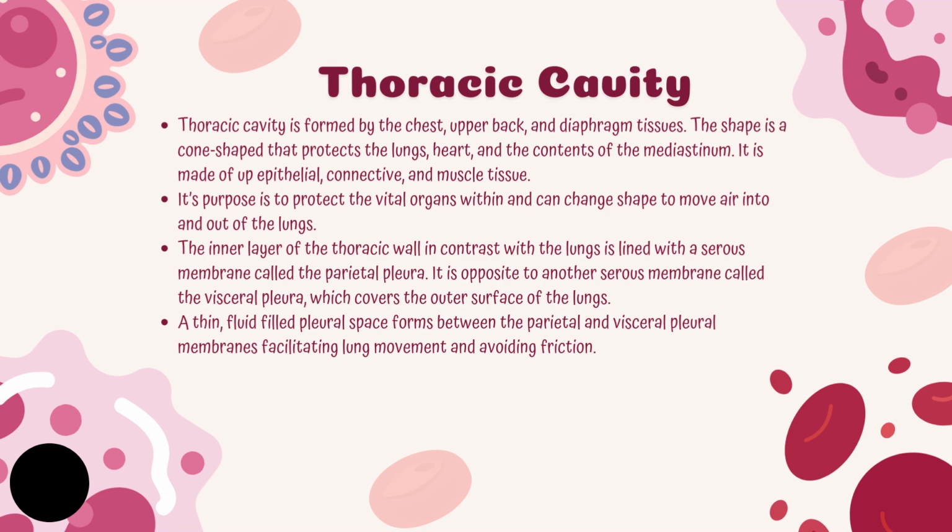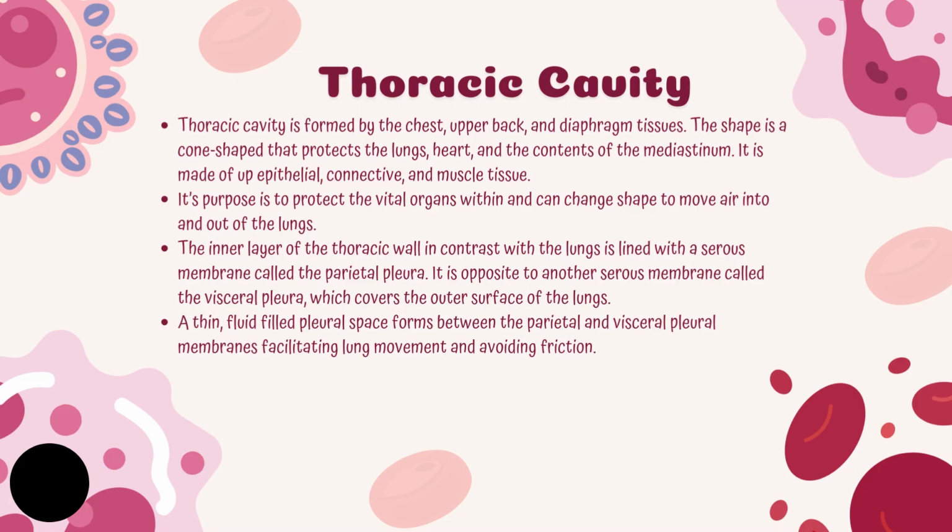Thoracic cavity. The thoracic cavity is formed by the chest, upper back, and diaphragm tissues. The shape is a cone that protects the lungs, the heart, and the contents of the mediastinum. It is made of epithelial, connective, and muscle tissue. The purpose is to protect the vital organs within and to change shape to move air in and out of the lungs.